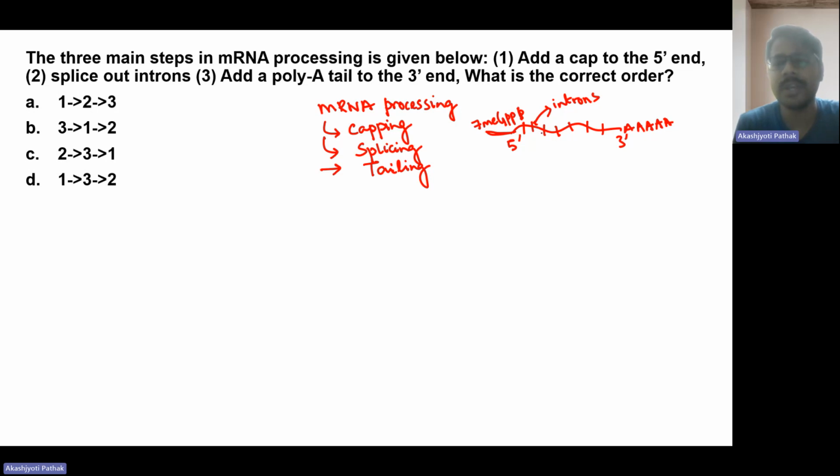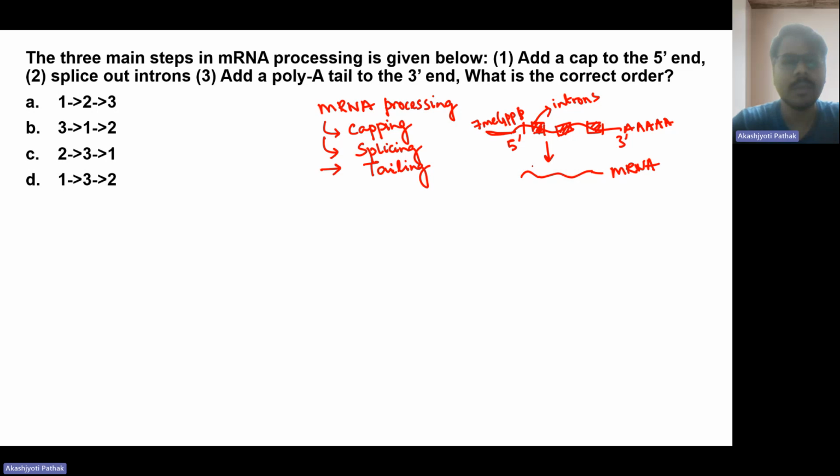These introns are removed by a process known as splicing, and the subsequent exons are joined to each other. So then we get a completely processed mRNA which is ready for translation.